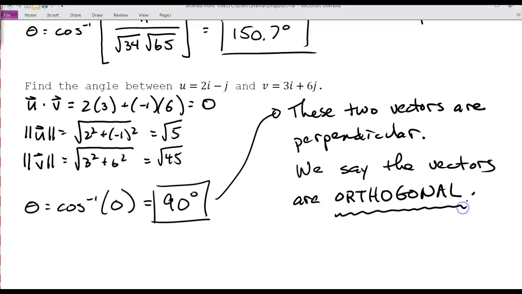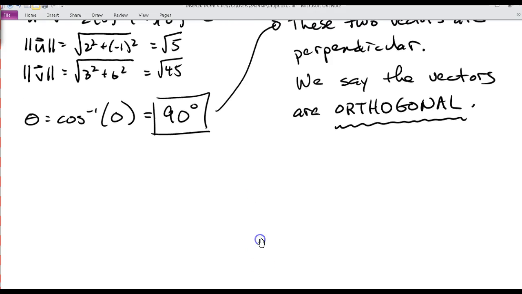So if I give you a problem and it says determine if the vectors are orthogonal, you want to see if they are perpendicular. If they're perpendicular, their dot product is going to be 0. Okay, so keep that in mind. New concept here in this example, another vocabulary word. Again, if you have questions, make sure you ask.